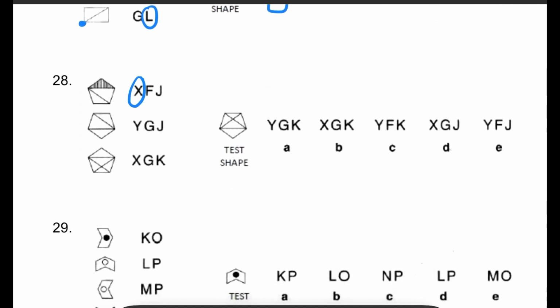So these two both have an X as the first letter, and as you can see, the pentagon is this way up in both of them, whereas in the test shape it's upside down, same as this one.